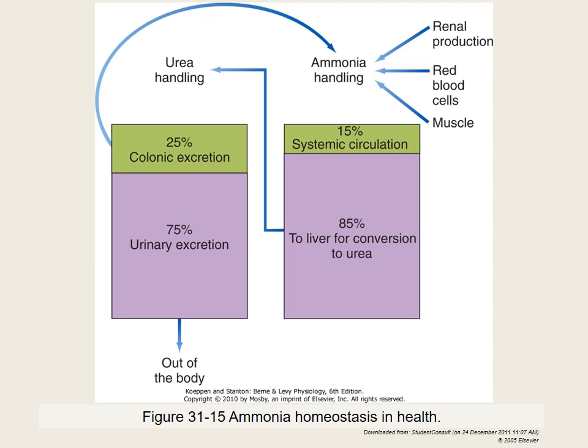Urea is important for hypertonicity in the renal interstitium. Renal interstitium has 1200 milliosmol osmolarity.